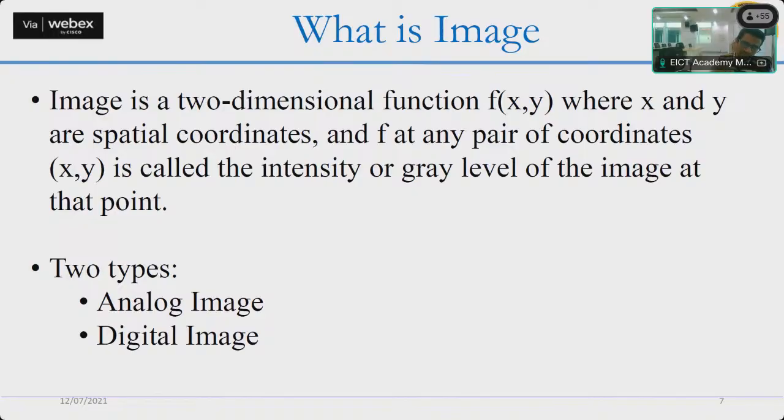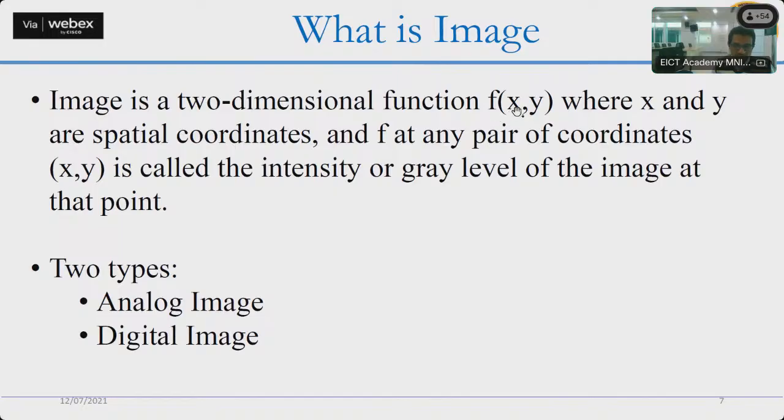So if you see it at the mathematical level, it is a two-dimensional function f(x, y), where x and y are spatial coordinates. As we discussed, it is two-dimensional. And what is f? f is whatever the values are at those x, y locations. That is basically the function.